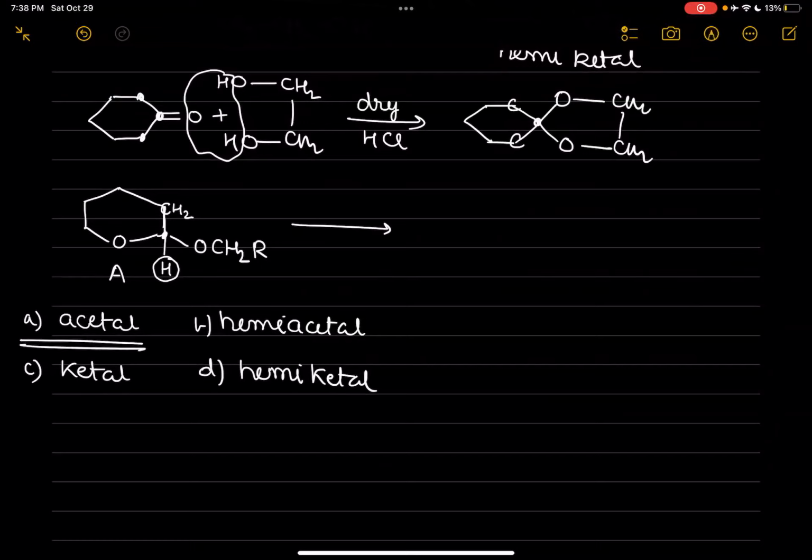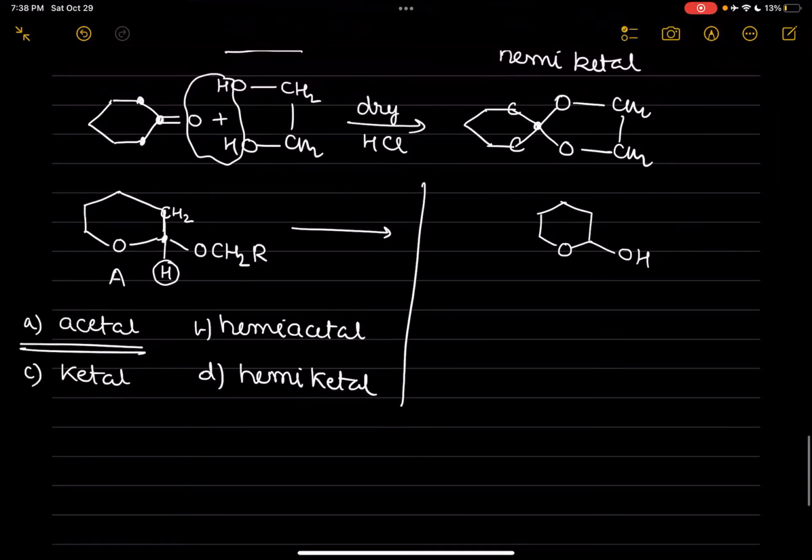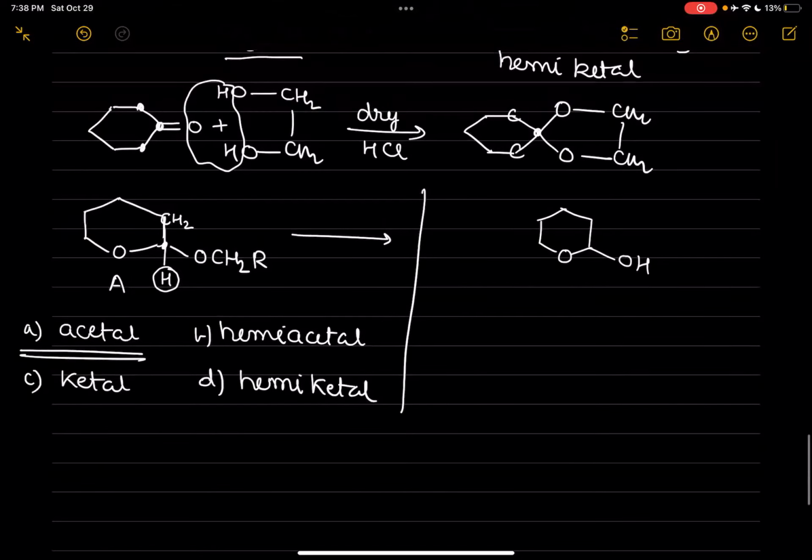So remember this, a very useful thing. This was the question from JEE Advanced, and you need to distinguish. Suppose this is, what is it?